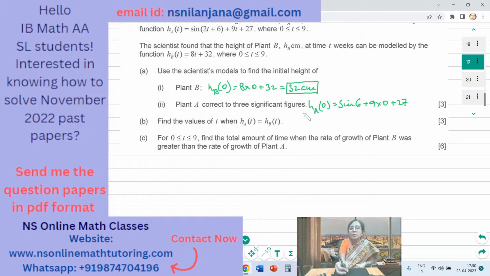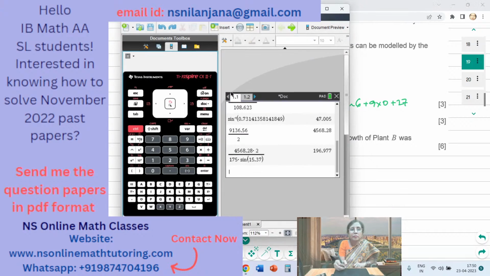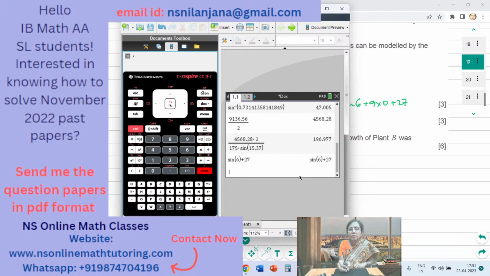Now it is sine 6, 9 times 0 is 0. So sine 6 plus 27 equals 26.7.